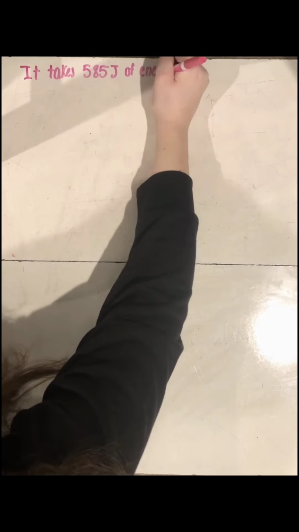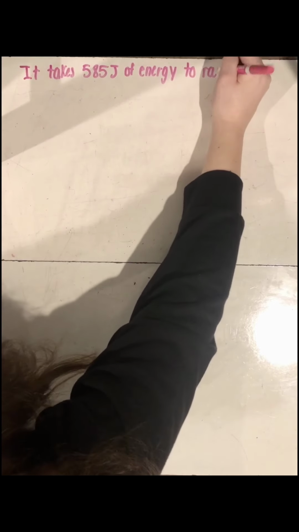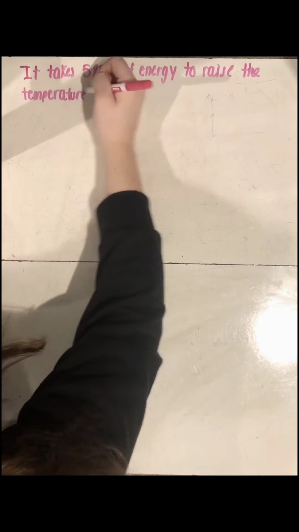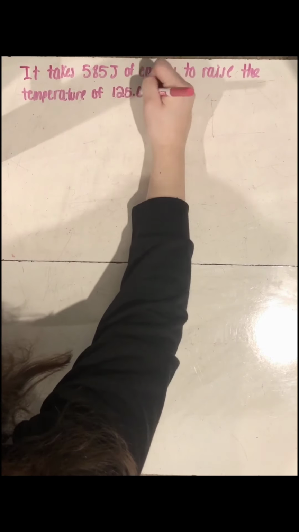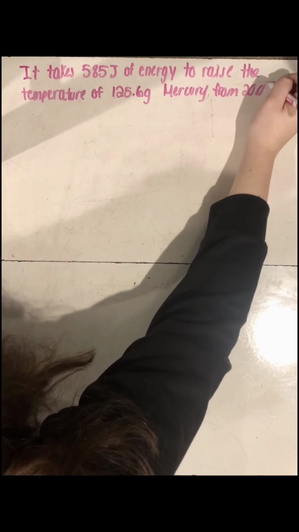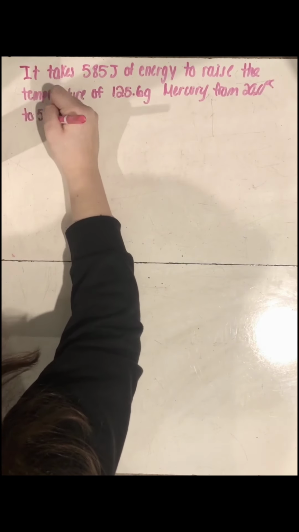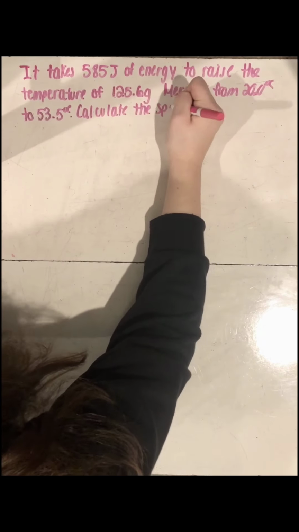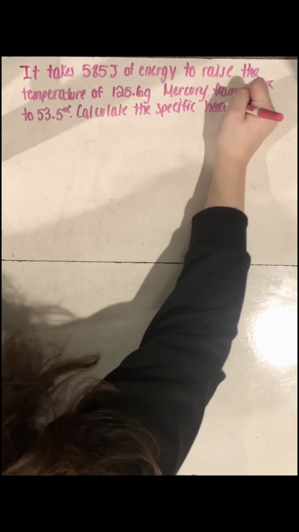It takes 585 joules of energy to raise the temperature of 125.6 grams of mercury from 20.0 degrees Celsius to 53.5 degrees Celsius.